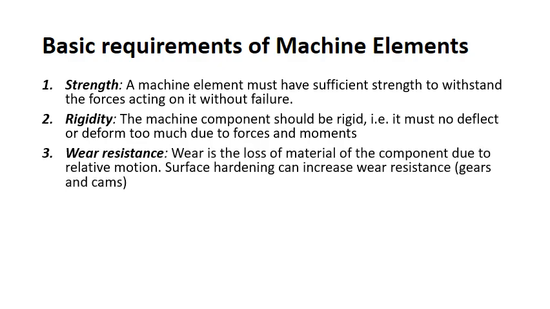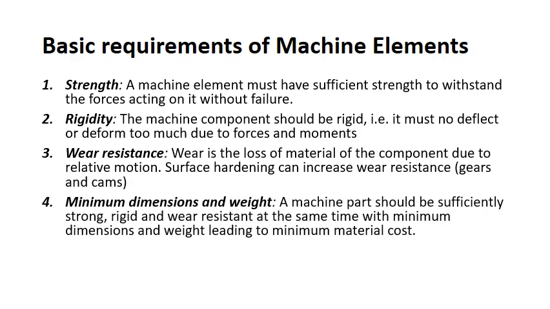Then there must not be any loss of material, right? That is, it must be wear resistant. So this wear resistance can be accomplished by performing surface hardening processes, heat treatment process.